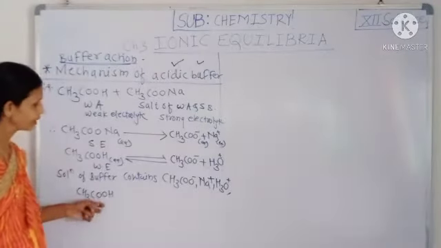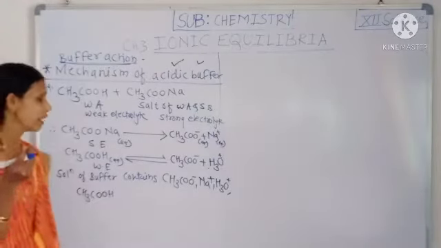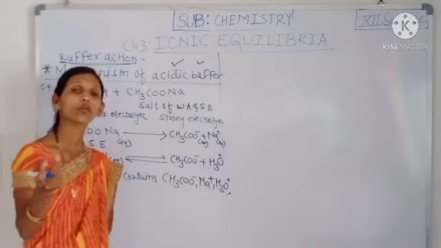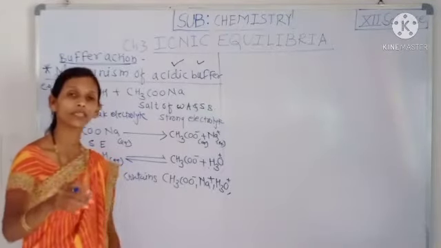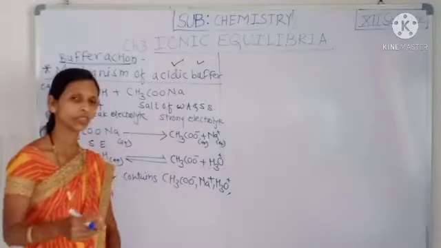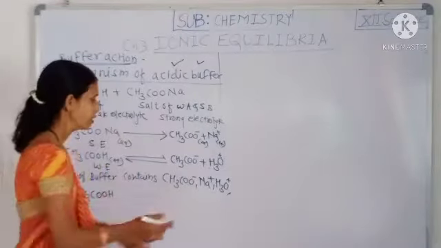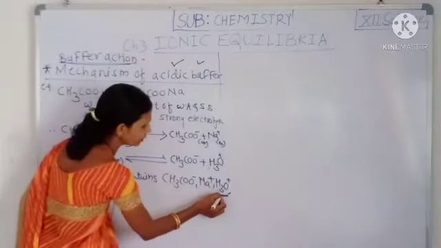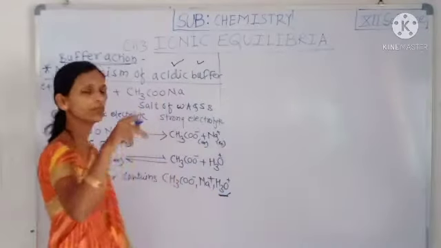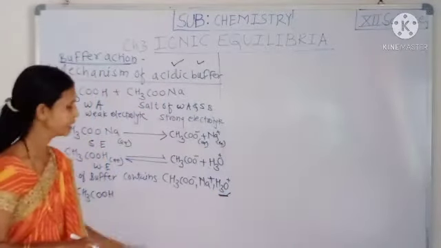The acidic or basic nature, or pH, of a solution depends upon the hydronium ion or OH minus ion present in it.